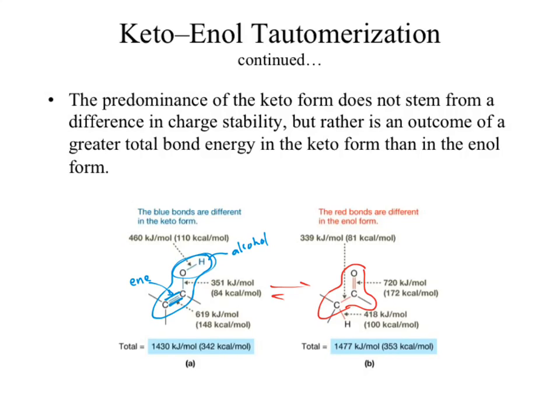The right one is your keto form. The red one is your keto form because it's a ketone functional group. The blue one is our enol. So that text above it, the red bonds are different. It's interesting. I never actually read that. I'm not quite sure what they're trying to say by that.